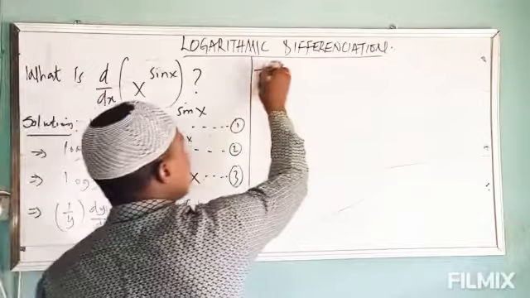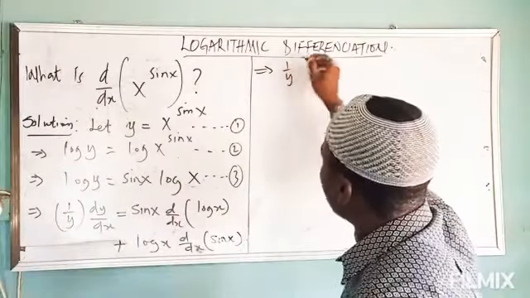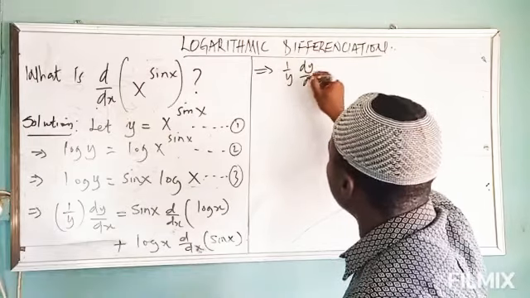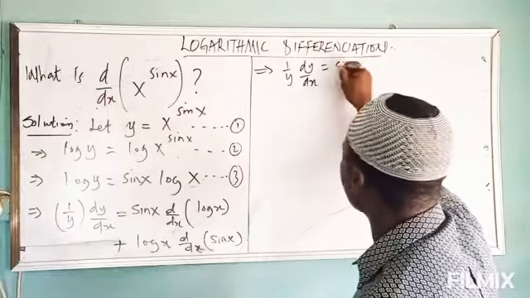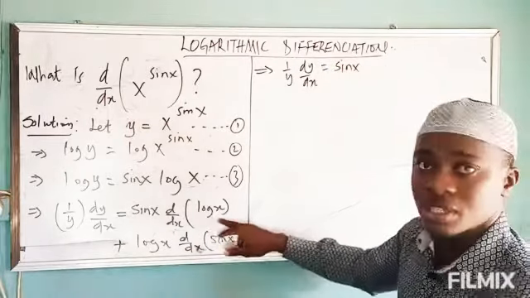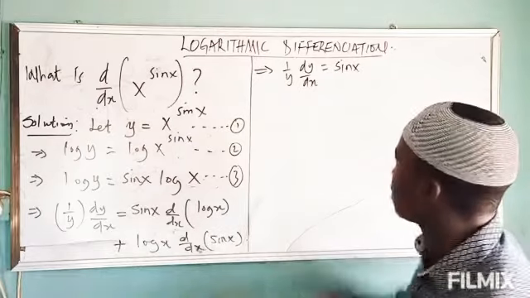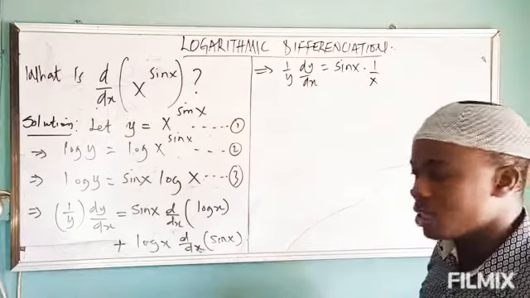Can you see that? So from there, we have 1 over y dy ds equals to, so now we have sine x because we keep sine x, then you differentiate. If you want to differentiate this one, we have what? Log x, same thing as 1 over x. Are you getting what I'm doing?